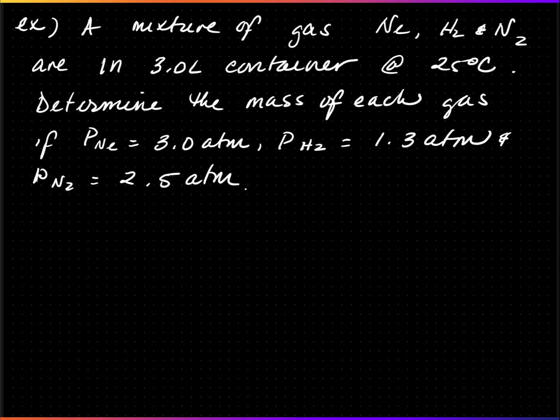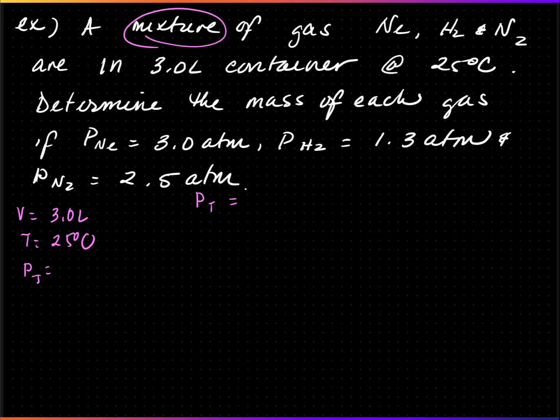We have a volume, which is 3.0 liters, and temperature, which is 25 degrees Celsius. To find the total moles, we need the total pressure. We can find the total pressure because we have the partial pressure of each, and this is a mixture of gas.